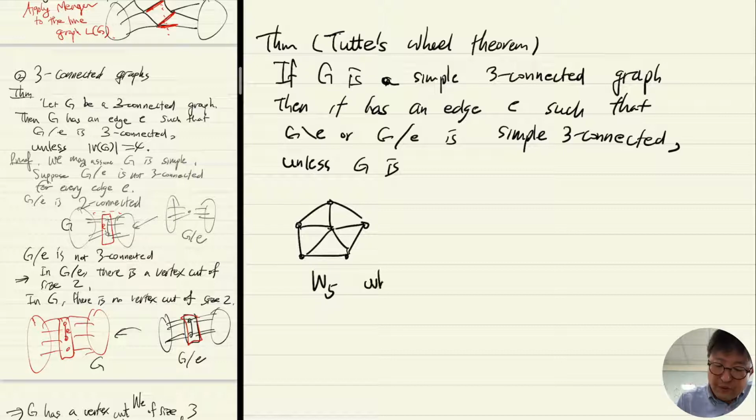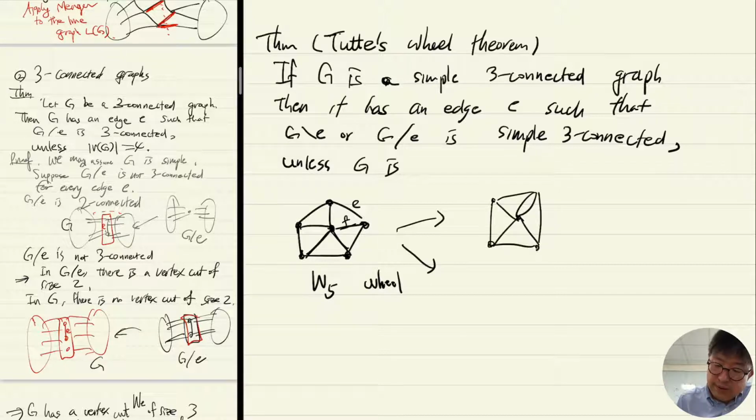So it's a wheel. You start with a cycle of length 5 and add one vertex adjacent to everybody. Then basically you have two kinds of edges. If I contract an edge on the rim, what you end up with is this graph, G contract E, and this graph is not simple, but it is three-connected.